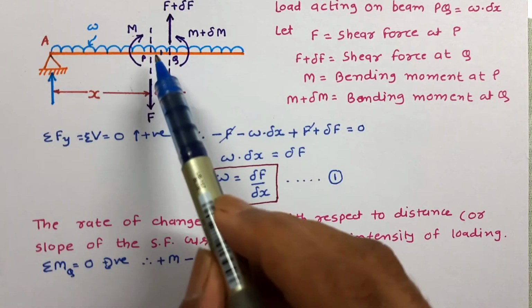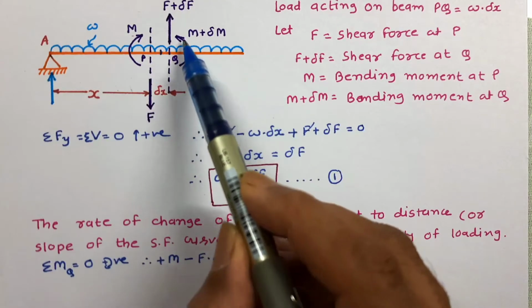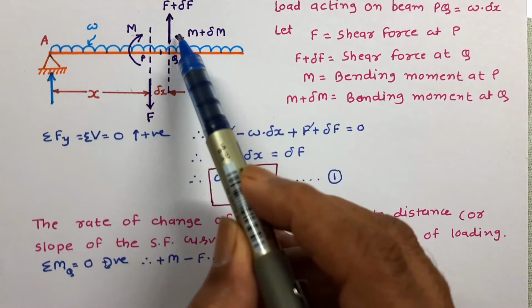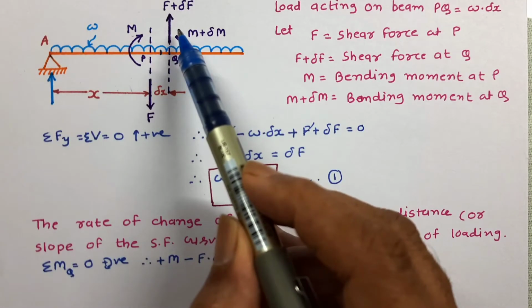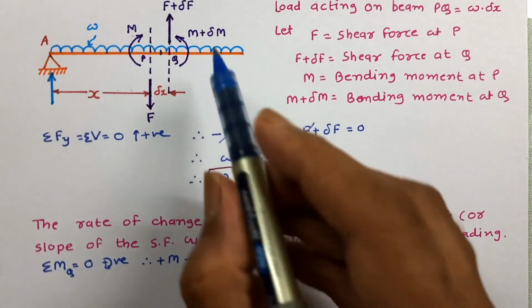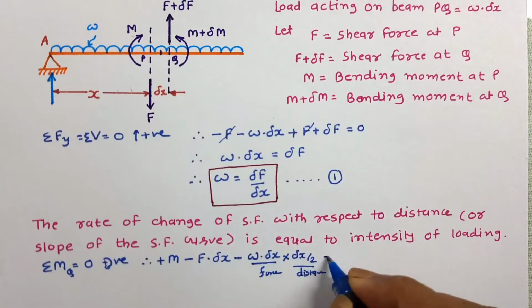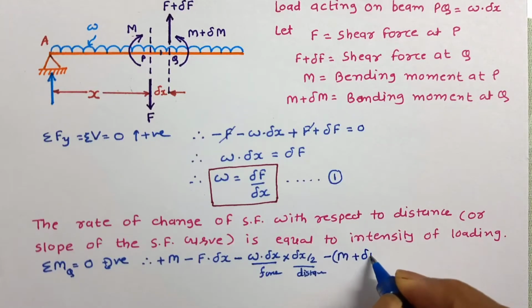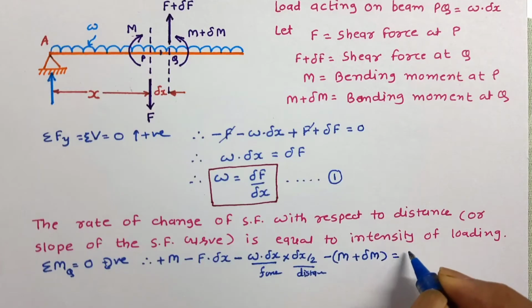This is the moment due to this portion, and since this moment is acting in anti-clockwise direction, it will also be negative. And the summation of all moments is 0.